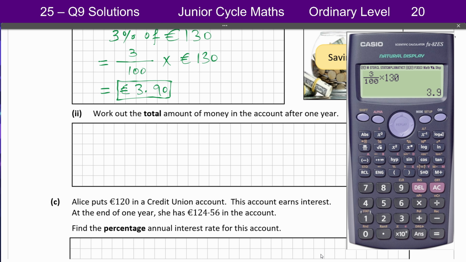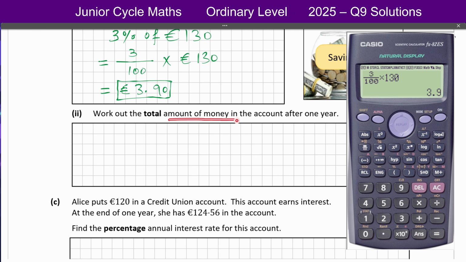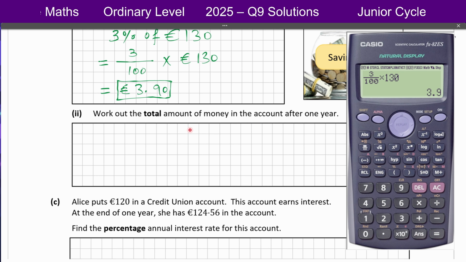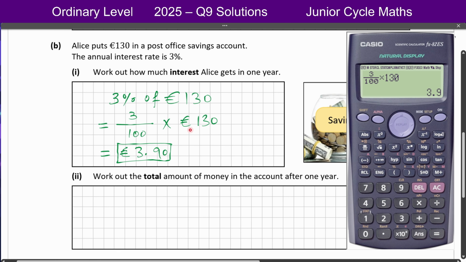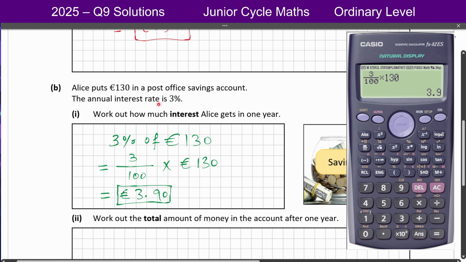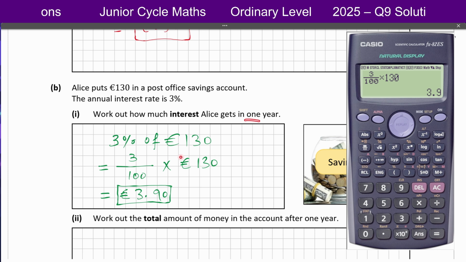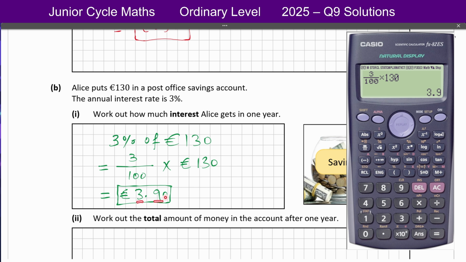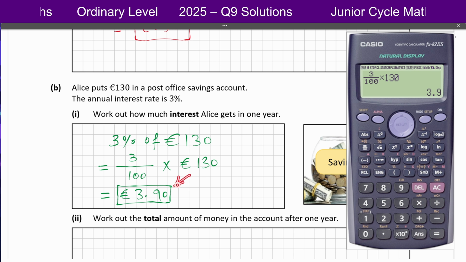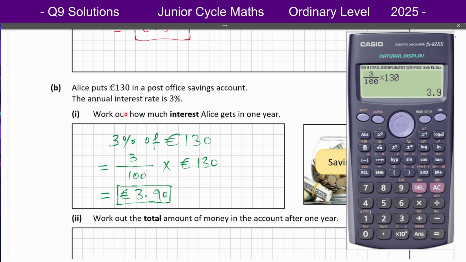In the second part, we need to work out the total amount of money in the account after 1 year. This is also quite simple. She started with €130 in her account, and the interest in 1 year is €3.90. This means she got an extra €3.90 on top of her €130.